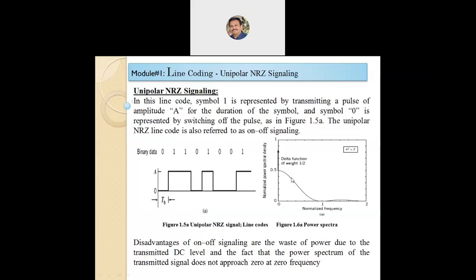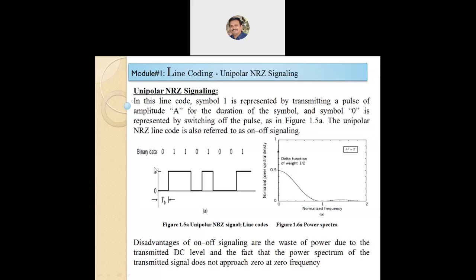It is shown in the figure below. The unipolar non-return to zero line code is also referred to as on-off signaling because 0 has amplitude 0 and binary bit 1 has amplitude A, as shown in the figure.